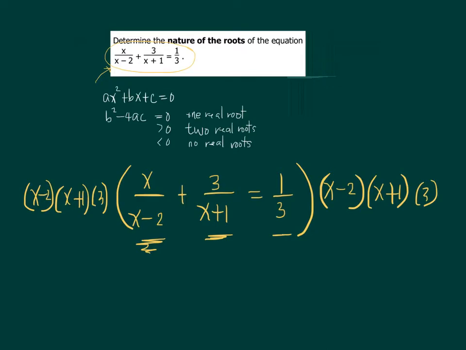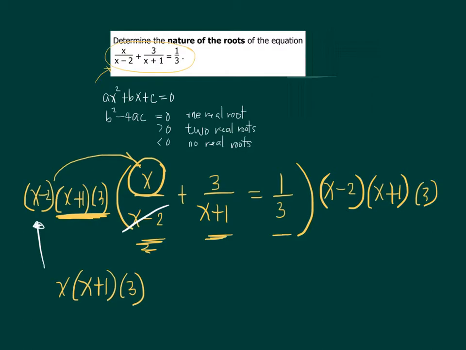So when we multiply, we distribute. If I multiply this on the first, then the x minus 2 will cancel with the other x minus 2. So what's left here will be the original x, multiplied to the remaining factors, x plus 1 times 3.